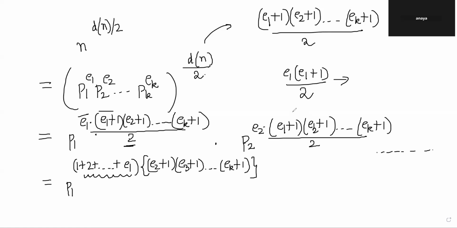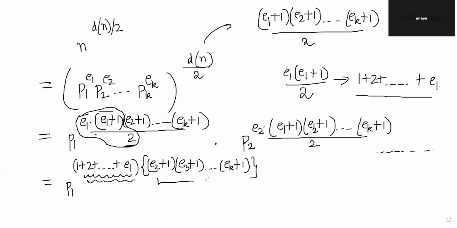Oh, it's like the natural number sum, the sum of the first n natural numbers. Is the sum of the first e1 numbers. If I take e1 into (e1 plus 1) by 2 and think of it as this, the rest of the stuff is this, right? Correct.